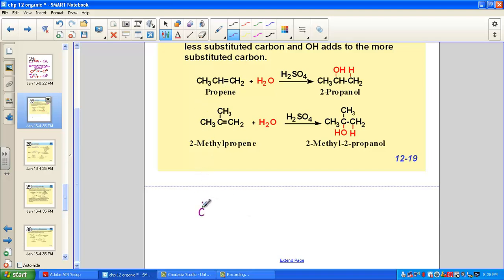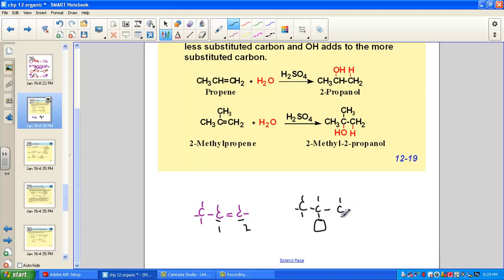In that first example, we have propene, CH3, CH, double bond, CH2. This carbon has 2 hydrogens on it. This carbon has a single hydrogen on it. The hydrogen will add to the carbon with more hydrogen, resulting in, and again, if we just redraw the structure, I have a site of attachment I have to consider here, and I have a new site of attachment I have to consider here, knowing as water is 2 ions, hydrogen hydroxide.